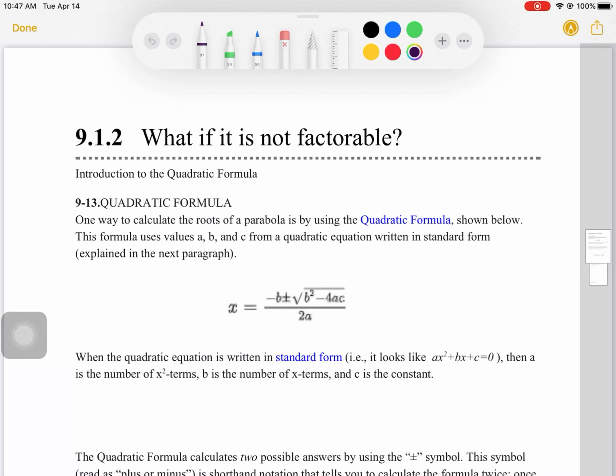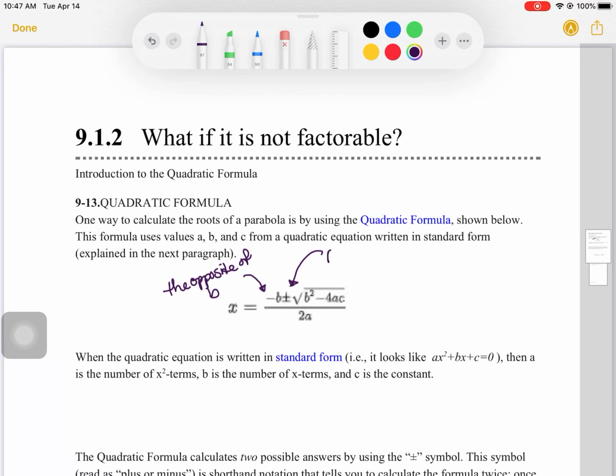So notice, I'm going to put some notes in here so that we know how to say this. X equals the negative sign here. I refer to that as the opposite of b. And I do that because sometimes b is positive and sometimes b is negative. And so we need to understand that we want the opposite of whatever b is.